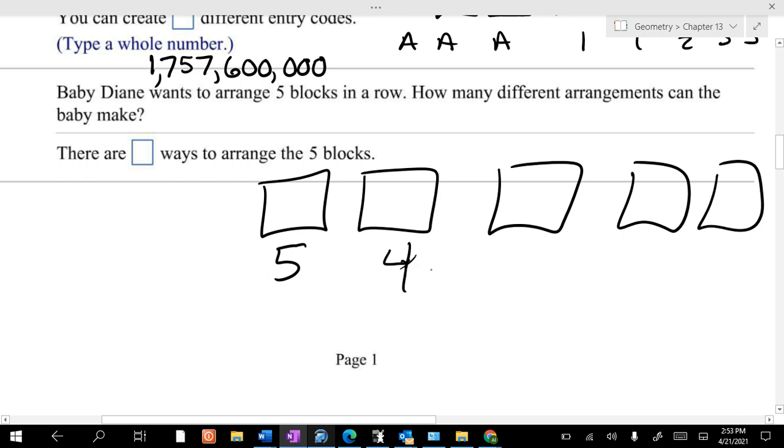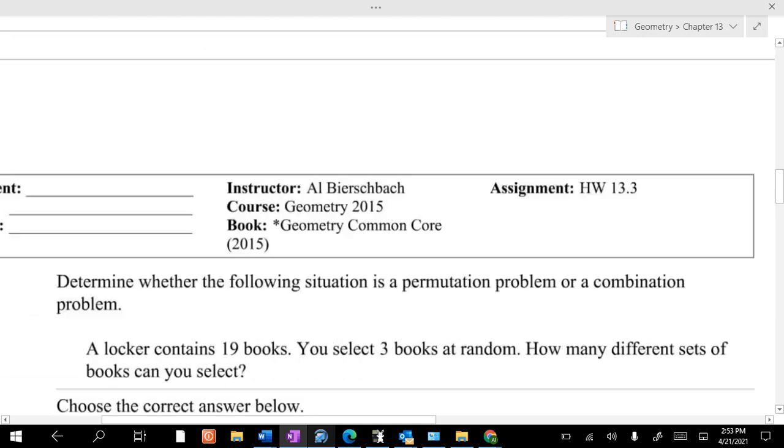How many for the third one? 3. Then, what is 5, 4, 3, 2, 1? That's a factorial, right? Multiply them. What's 5 times 4 times 3 times 2 times 1? She's got 120 different ways of placing those blocks. Okay? All right.